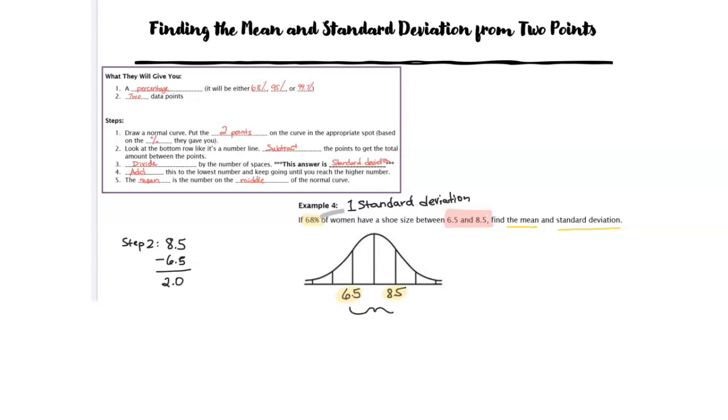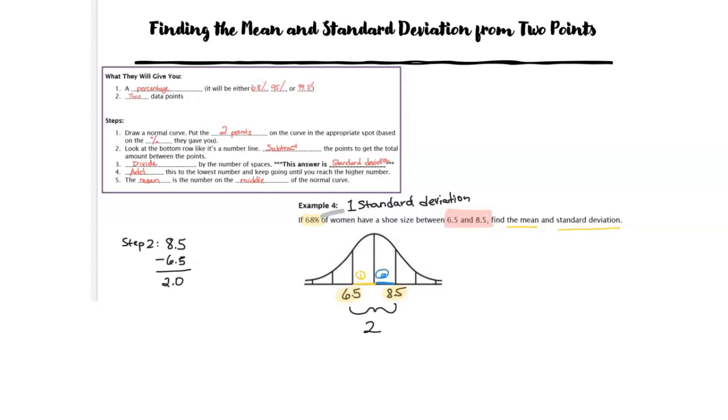So this distance here is a 2. Next, step 3, divide by the number of spaces. So the number of spaces in between 6.5 and 8.5. So that's 1 space here, 1 space, and 2 spaces. So there's 2 spaces in between.